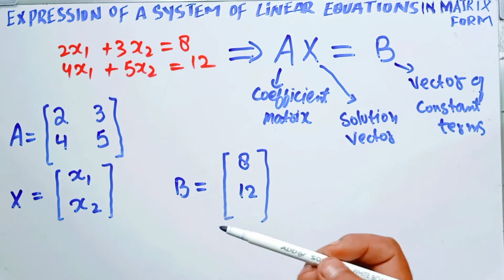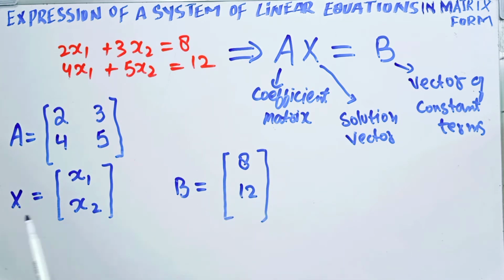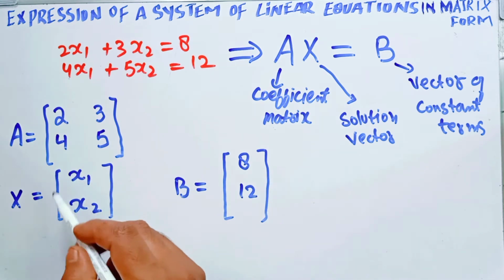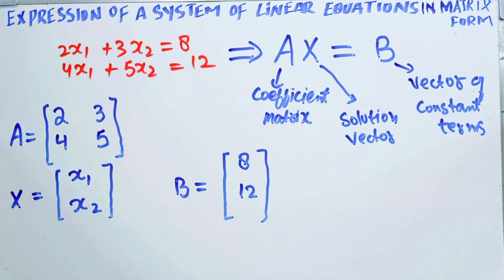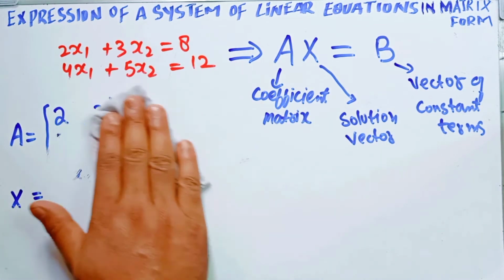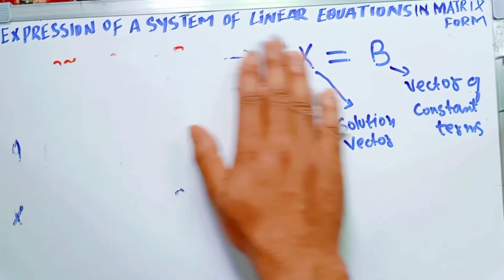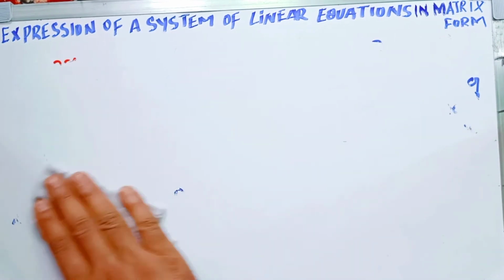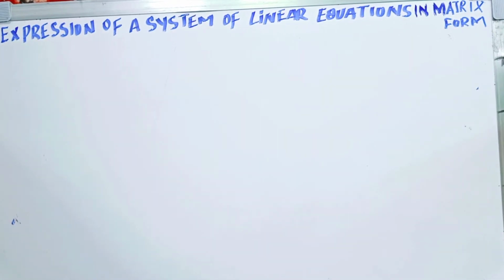Now, one thing is to be remembered here. This x and b will always be column vectors. Now, if I give another example to make my point clear, I have another system of linear equations.